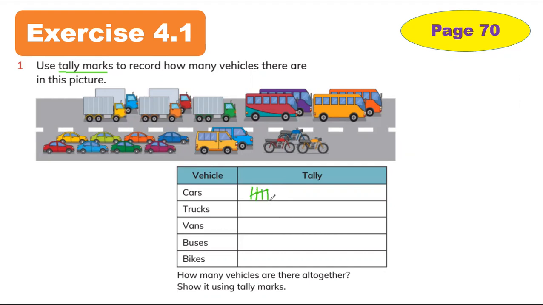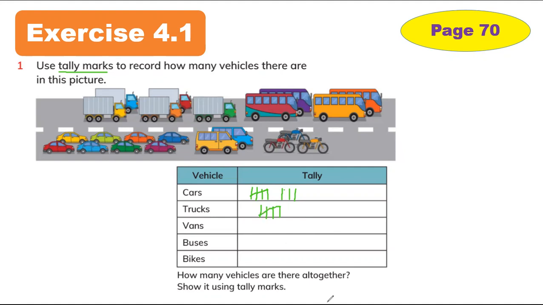Every 4 lines you have to put a line across, like a cross. 5, then add some space. 6, 7, and 8. So there are 8 cars in the picture. Let's look at the trucks. How many trucks? 1, 2, 3, 4, 5. There are 5 trucks. 1, 2, 3, 4, and the 5 will be the crossing one.